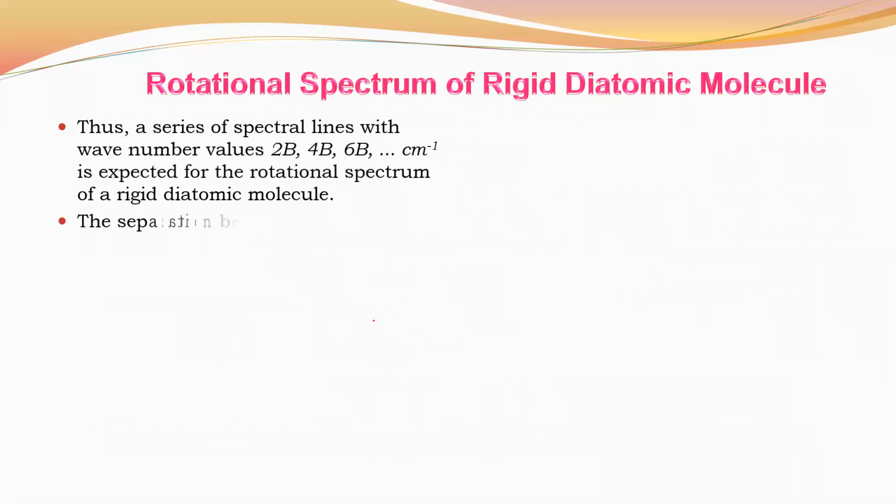Now we can draw a spectrum using this concept. For that, we know that nu bar is equal to 2B into J plus 1.